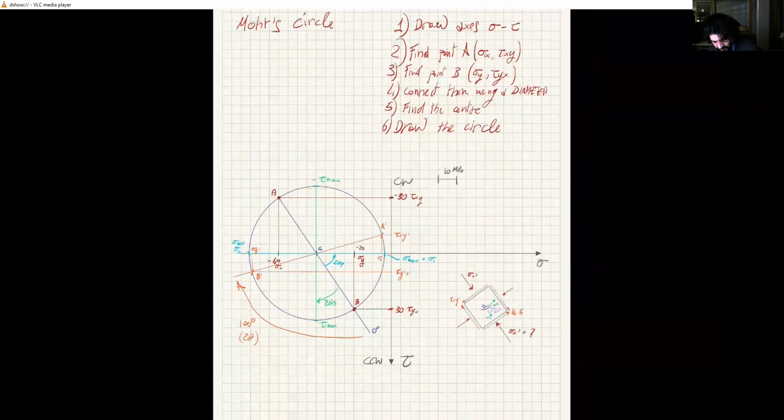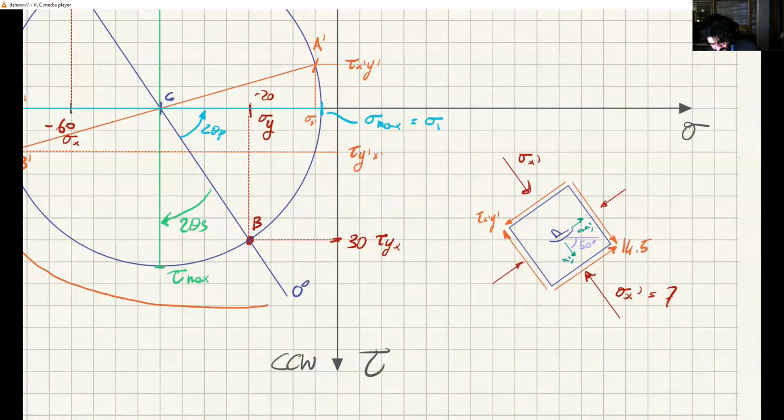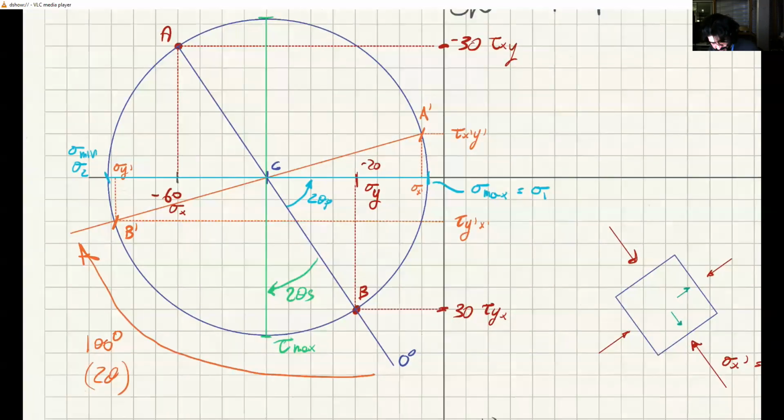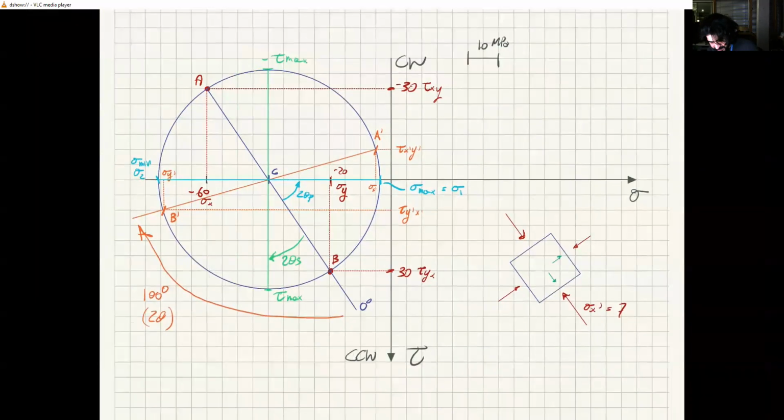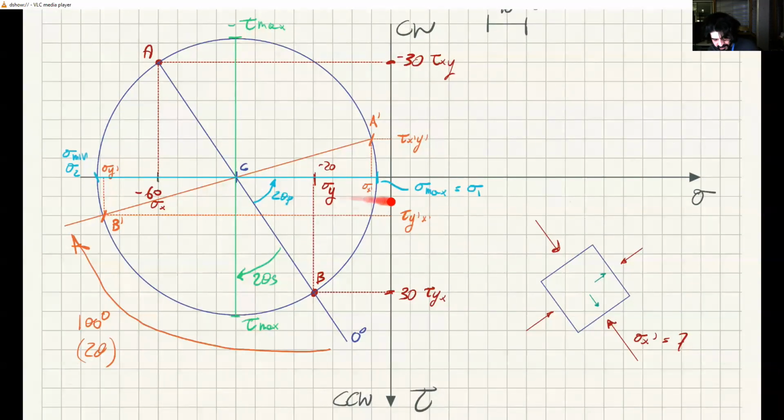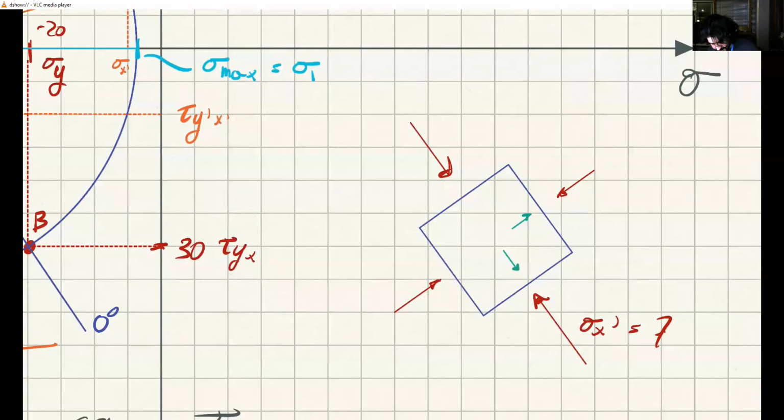So with a certain rotation of 2 theta p, you can find pure normal stress. As you can see, they are both in the negative sigma axis. So sigma 1 and sigma 2 are both negative.